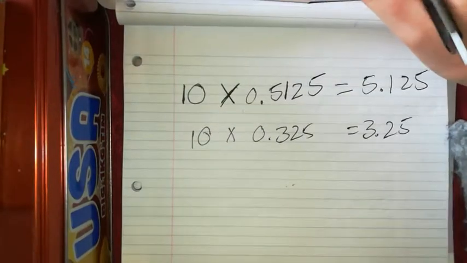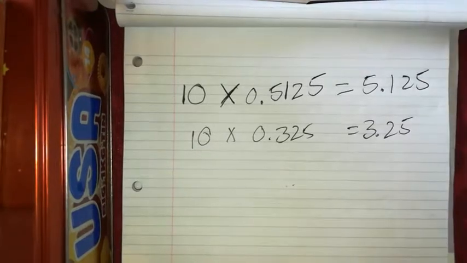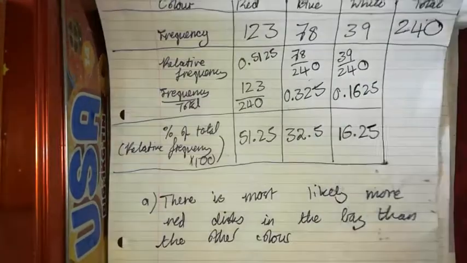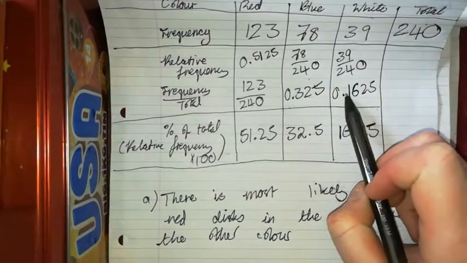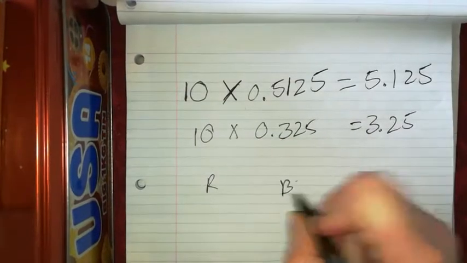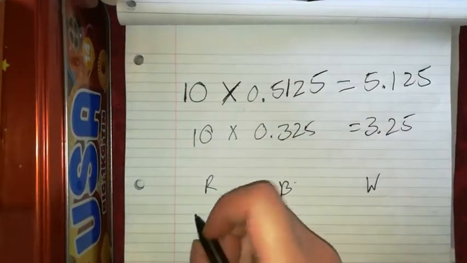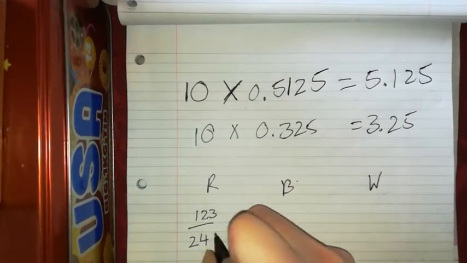And then, based on the information in the table, how many discs of each colour do you think are in the bag? I would say a number that if I multiply it by this, I get a whole number, by this I get a whole number, and by this I get a whole number. So I'll write the red, the blue, and the white. Red was, I'm going to write it as a fraction first, 123 over 240.